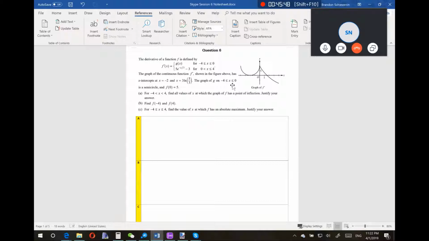It has intercepts at x equals negative 2, and x equals 3 ln 5/3. I'm going to go ahead and write that on the graph before I forget. The graph of g on the interval from -4 to 0 is a semicircle, and f at 0 is 5.